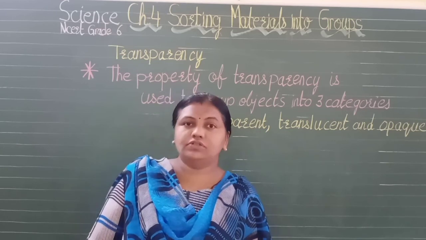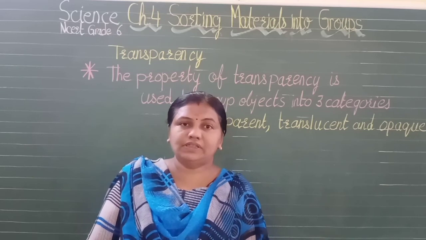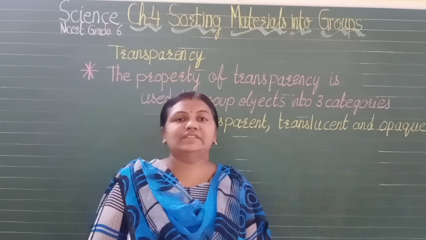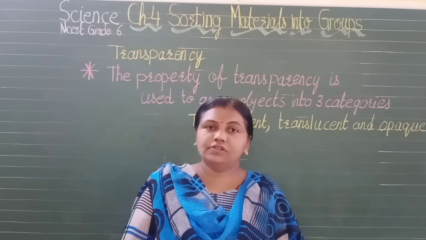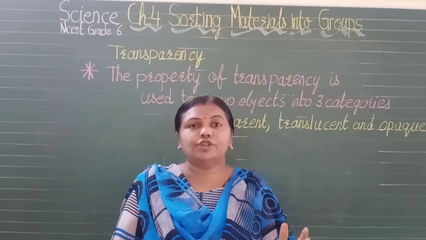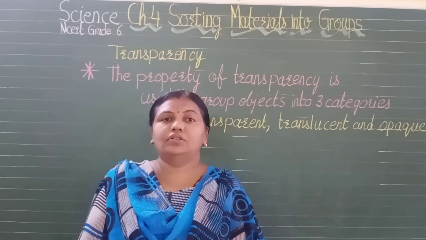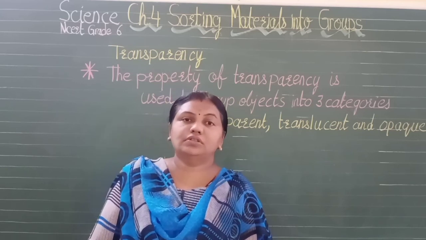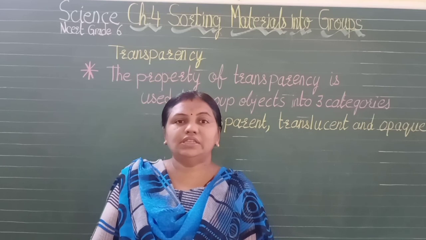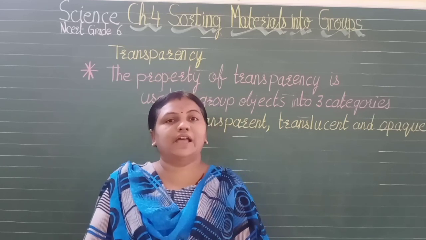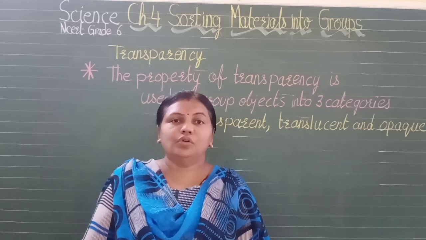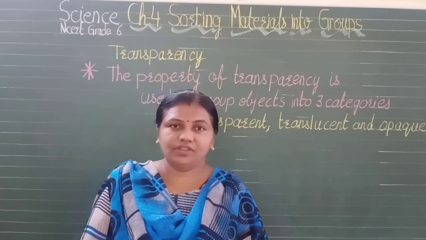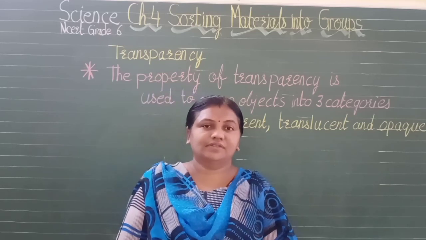If she wants to find the pulses, then also it has a separate place. So you will also do the same. So sorting is based on the differences and also the similarities. In this way all the objects are classified. So I hope that you are clear with the chapter.